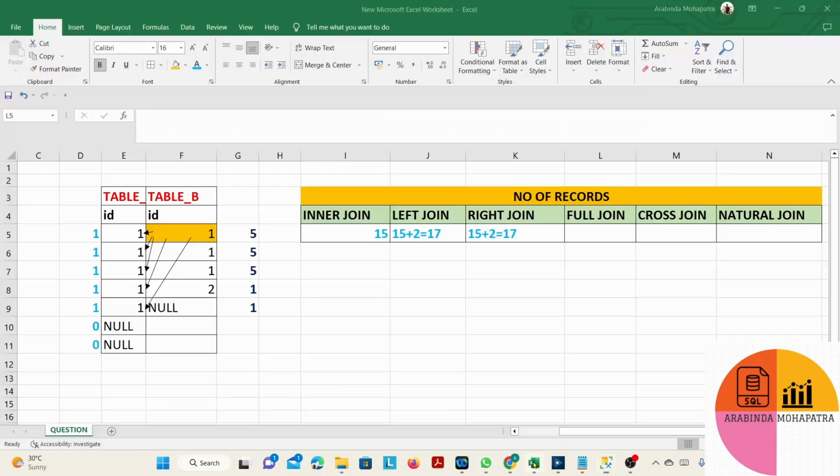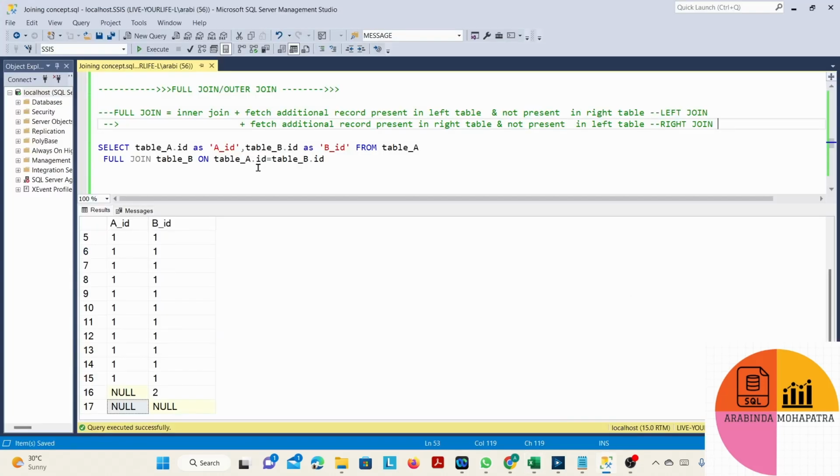So let's jump into the full outer join. Basically, the full join will get the data from the inner join plus additional data. It will fetch the additional records that are present in the left table and not present in the right table, which we are referring to as the left join.